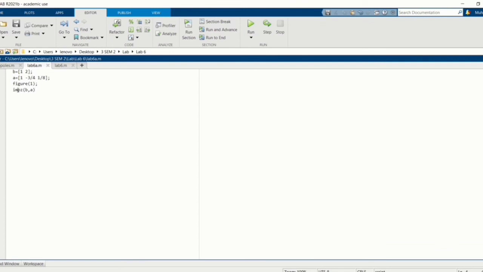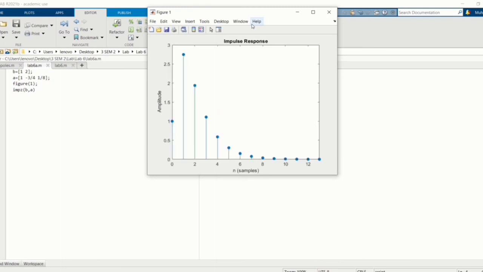Figure 1 is for the impulse response, with b, a, and then we can run the coding. So we can get the answer like this, the impulse response.